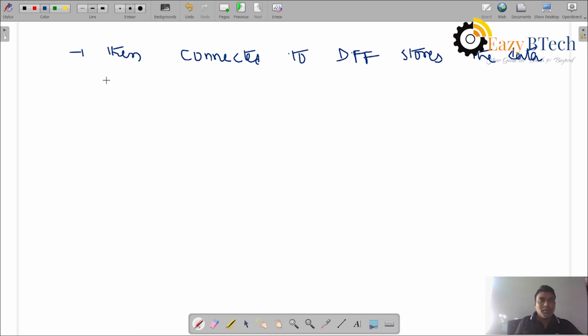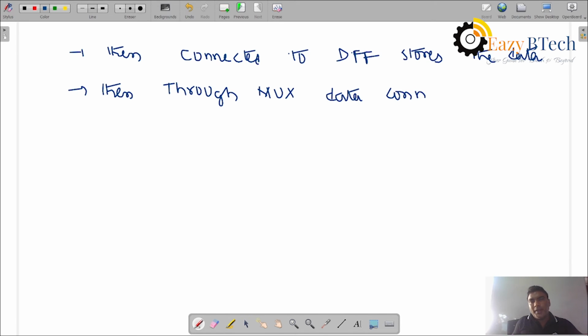Then, through the multiplexer, the data is connected to the buffer.